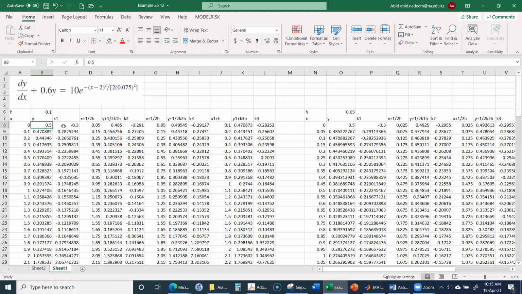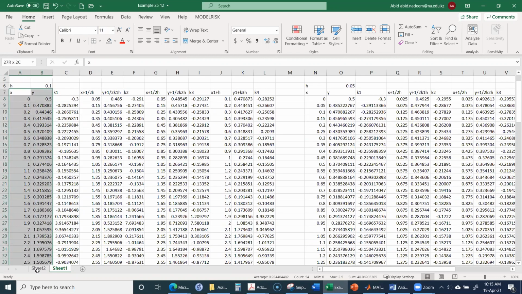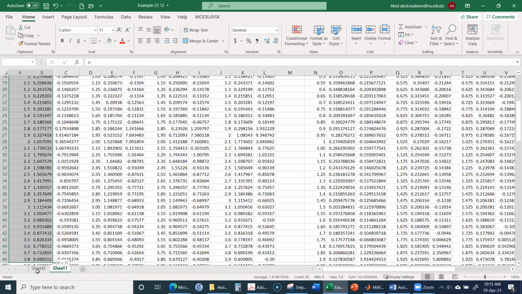I found the values of this function at intervals of 0.1, and then I get these values.